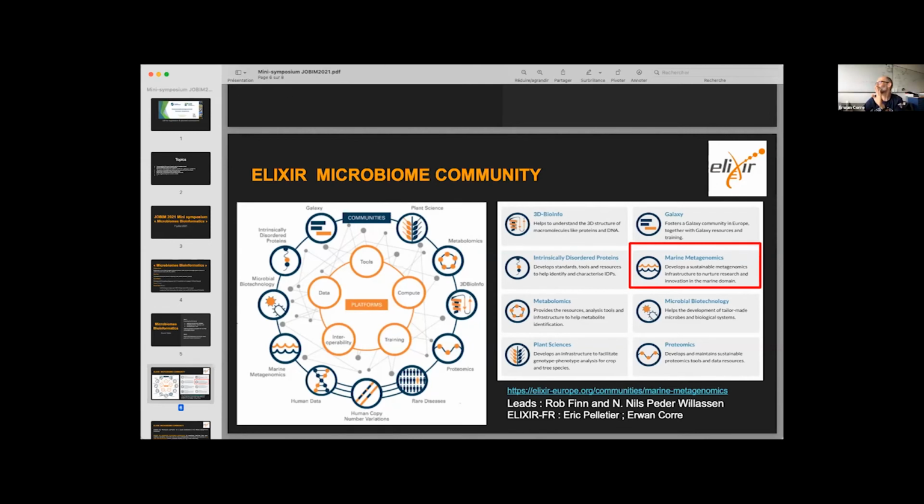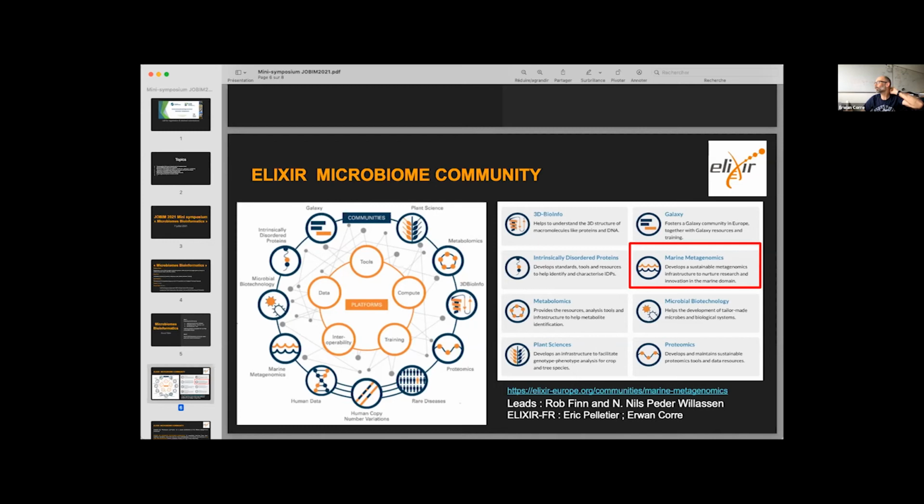So the idea that we were both participating with Eric in the marine metagenomics community within the Elixir. I think that most of you already know how Elixir is organized. It's organized around platforms: data platform, tools platform, compute platform, interoperability and training platforms.